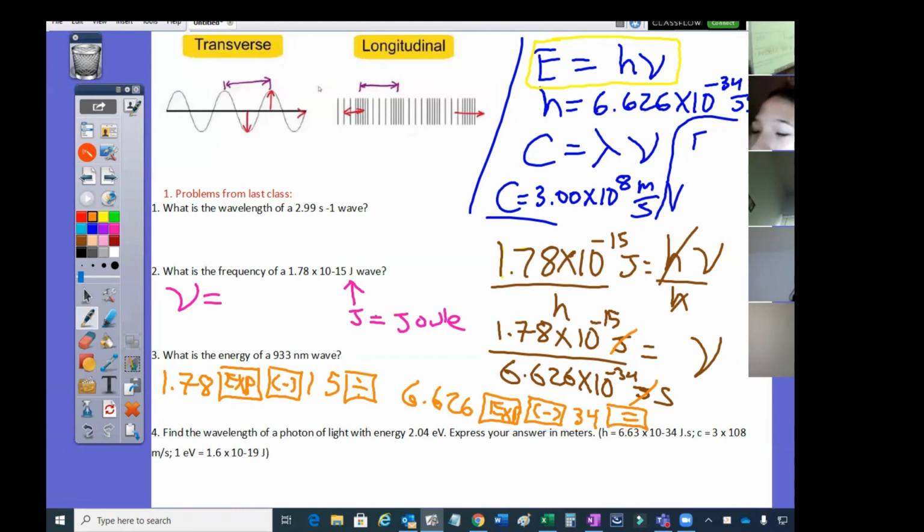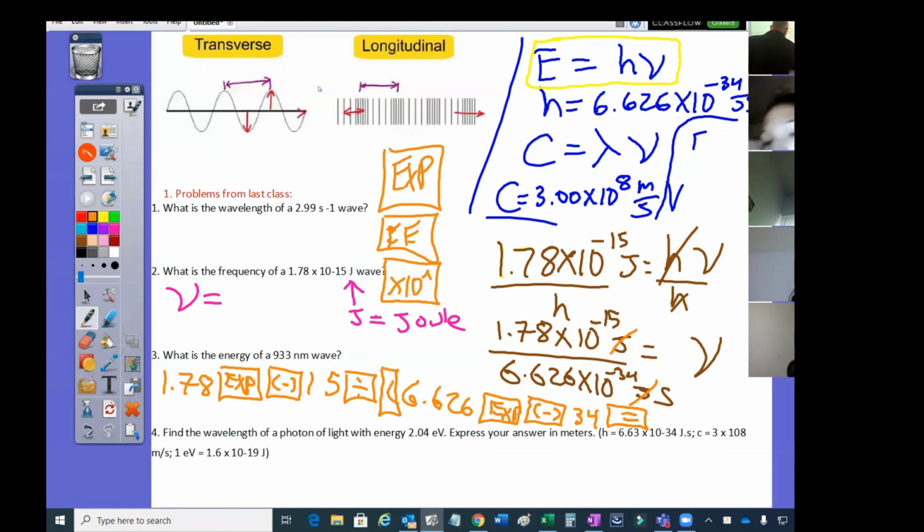That's how you punch that in your scientific calculator. Now, if you do not have EXP, remember these are the keys for scientific notation, EXP or EE. If you do not have those buttons, you must put in open parentheses or you will get an error. And you need to put your closed parentheses there or you will get an error.